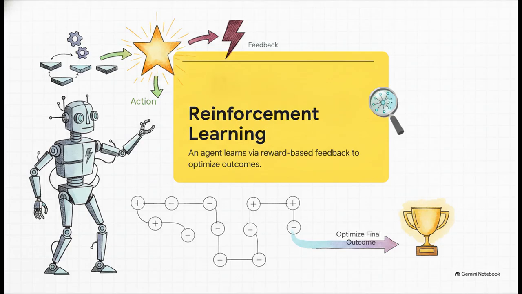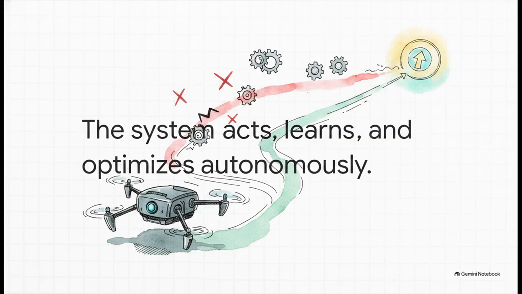Through millions of rapid trial-and-error iterations, it slowly learns the absolute best sequence of actions to optimize the final outcome. The key here is that the system acts, learns, and optimizes autonomously. It isn't just passively analyzing historical logs, it is actively taking real-world actions. It tries, fails, adjusts, and learns.